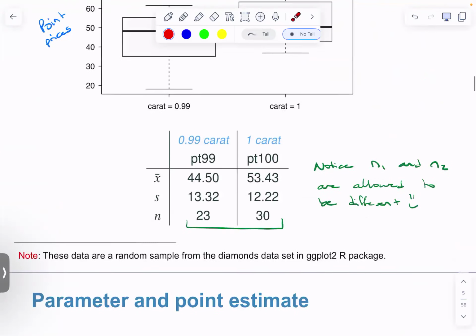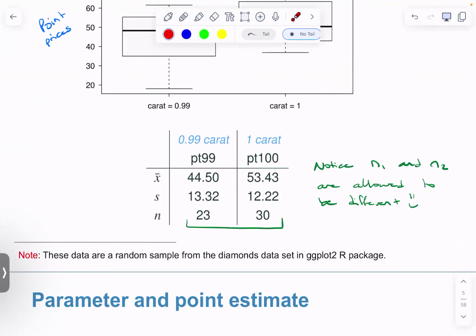So to be consistent with the rest of the slides, let's use the 0.99 carat diamond as group 1 and the 1 carat as group 2, and I want to compare those two. It's just going to make your positive t a negative because it would flip to the other side. But besides that, switching the groups is not going to change anything, as long as you're consistent.